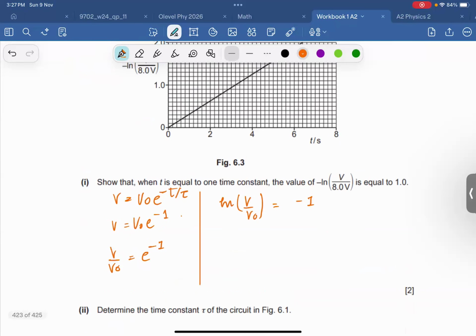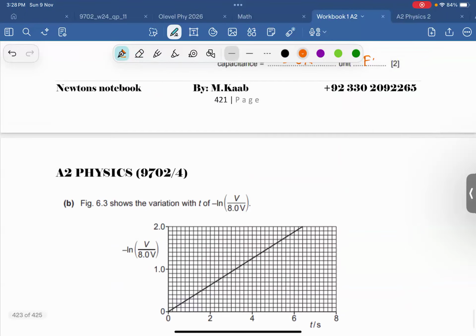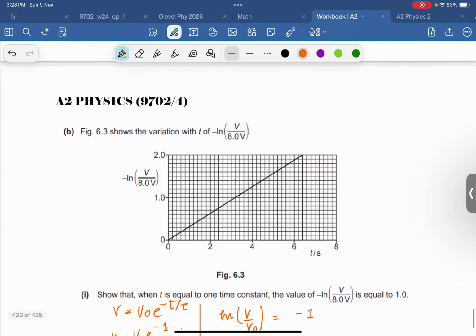From this point, ln V minus ln 8, and then minus ln V. So the variation of this, if we try to relate that, V is equals to 8 e power minus t upon tau.